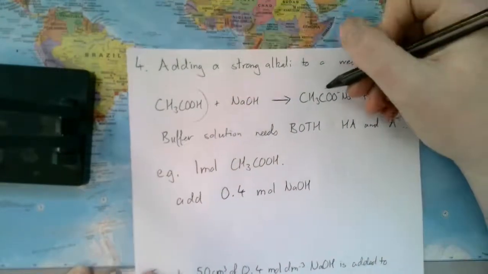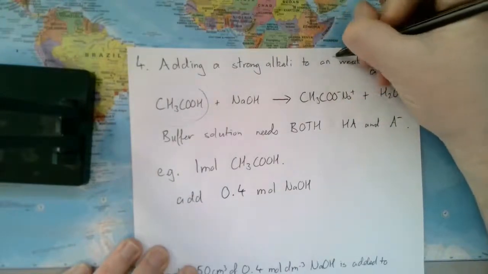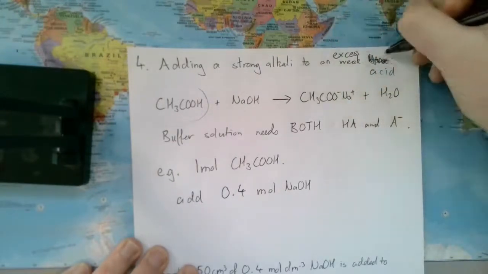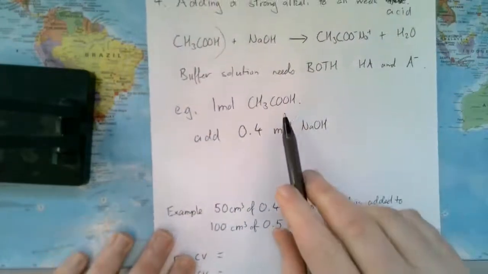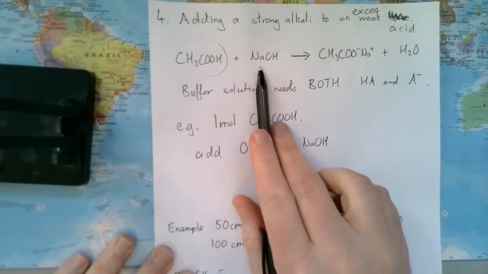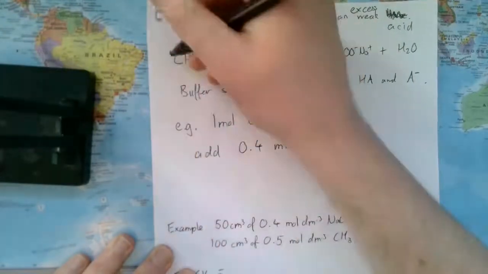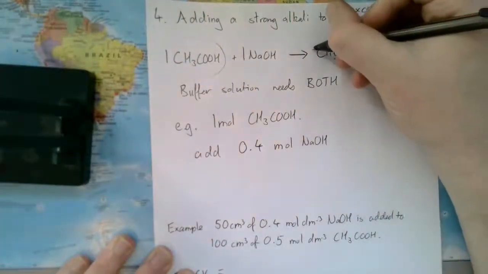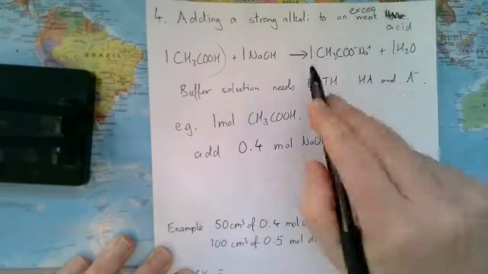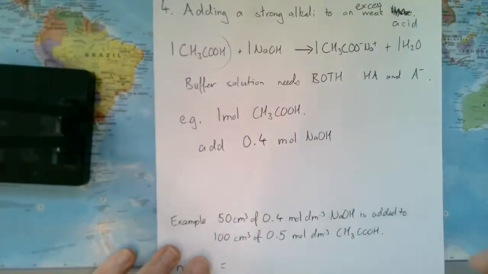So up here what we should have said is add a strong alkali to an excess of weak acid. What we will have, 0.4 moles of sodium hydroxide will react with 0.4 moles of ethanoic acid. They're in a 1-to-1 ratio, and it will generate the equivalent number of moles of your weak conjugate base.